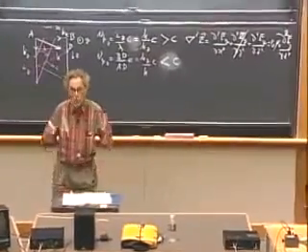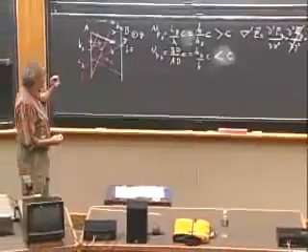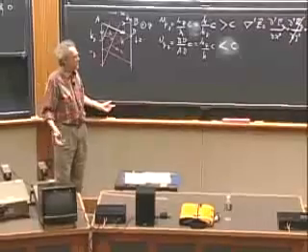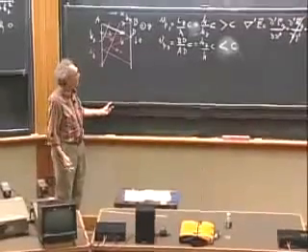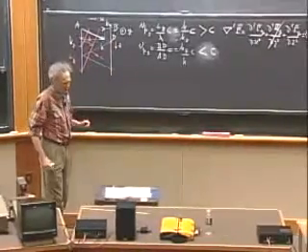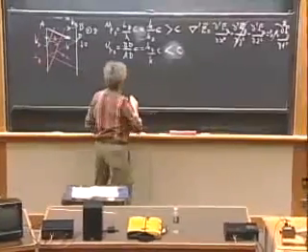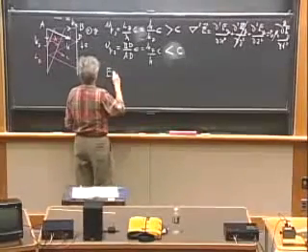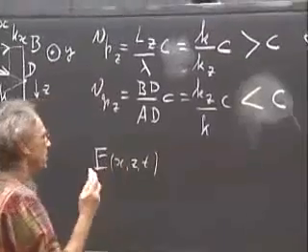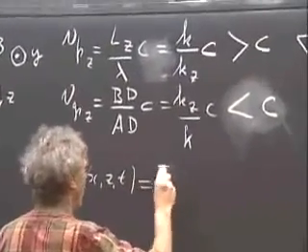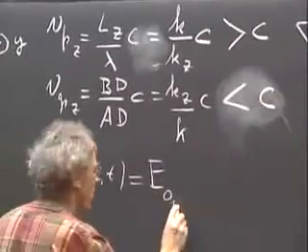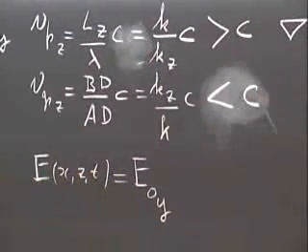So the solution for the wave that goes from here to here immediately presents itself because we have a lot of experience now. It's going to be a standing wave in the x direction and it's going to be a traveling wave in the z direction. So E, as a function of x, z, and t, because E itself is not a function of y, is then some amplitude E0. To remind you that it's only in the y direction, I'll be nice to you and put a y there.